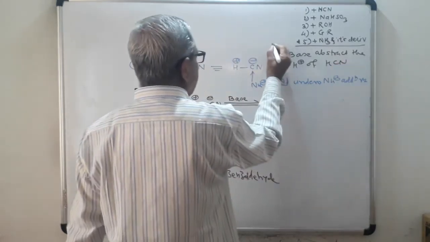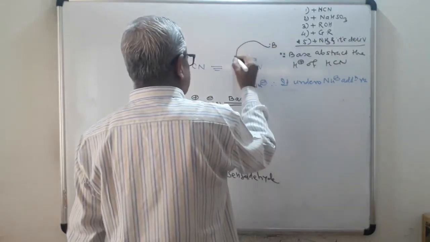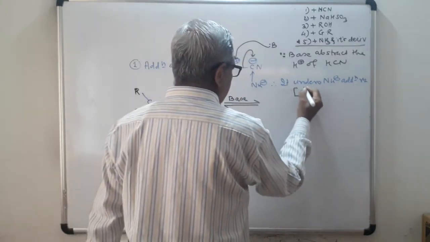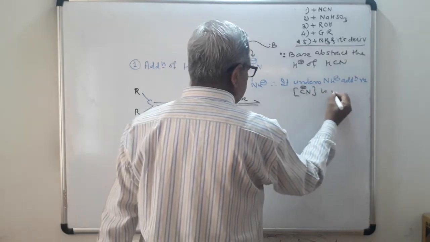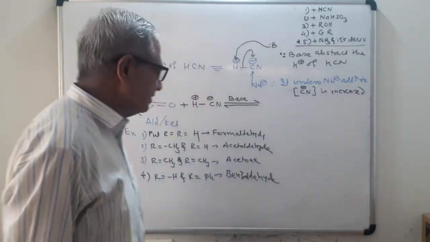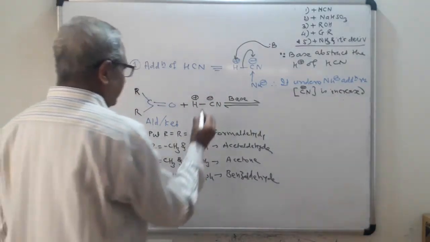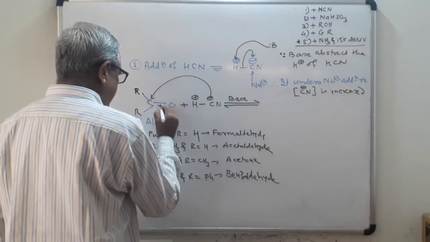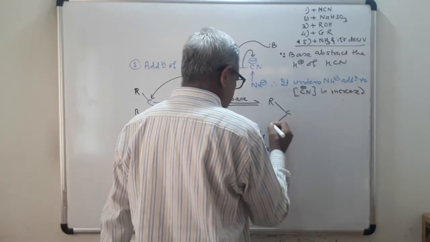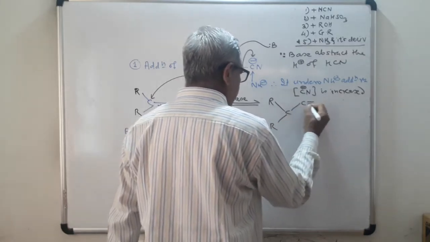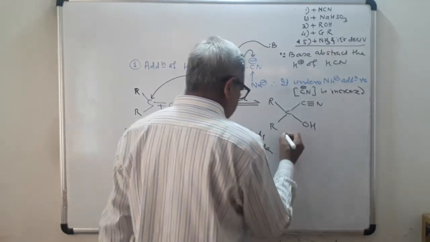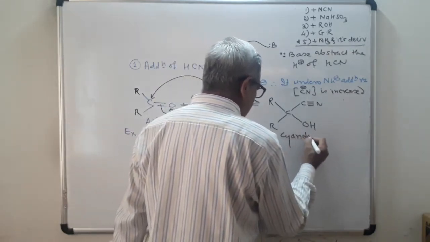See here, this base will attract the H plus from HCN and the concentration of the nucleophile cyanide is increased, and therefore the rate of reaction increases. So see here, this will go to the carbonyl carbon, the pi bond is broken here, so you will get the structure R-CR, C triple bond N, and here you will get OH. It is called cyanohydrin.